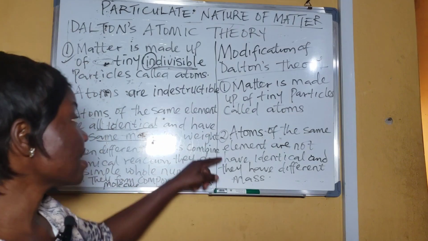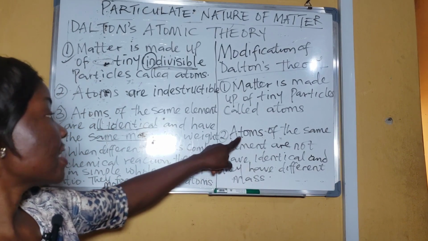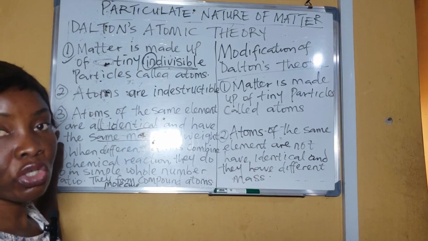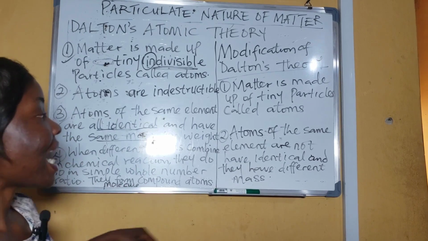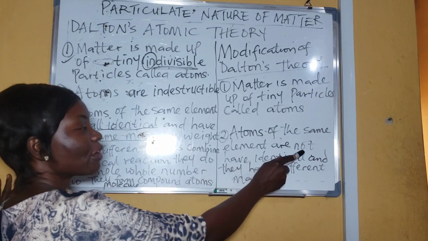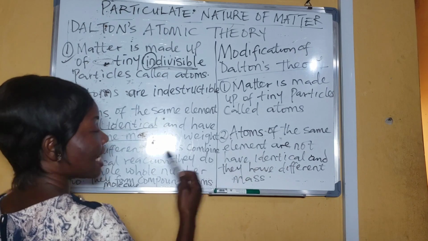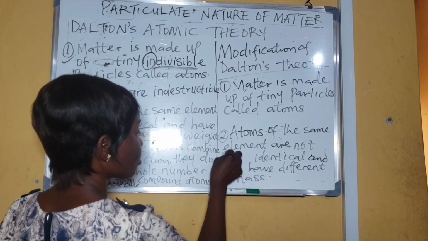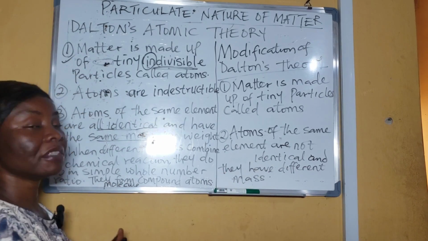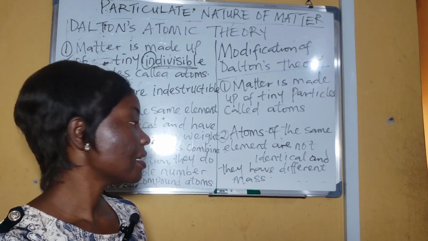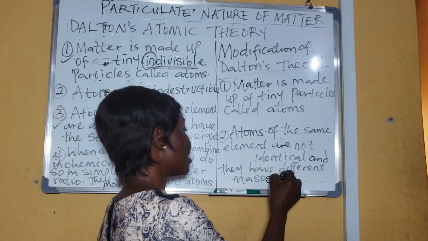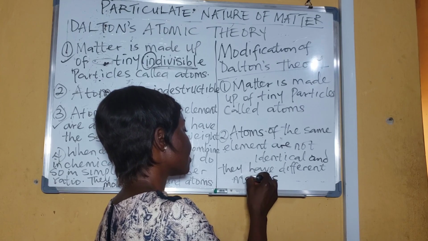Because of that, we can now state this third theory as: atoms of the same element are not identical and they have different masses.